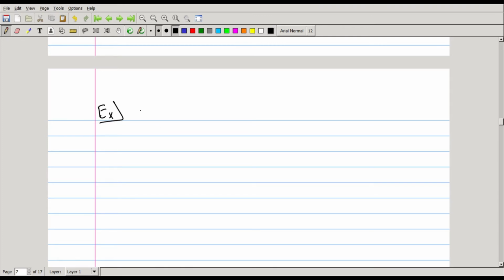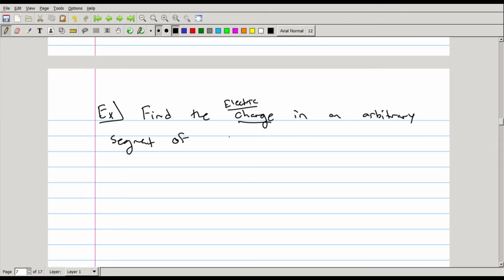So suppose that we have a plate and we want to find the charge, the electric charge, on an arbitrary segment of a circular plate of radius r.